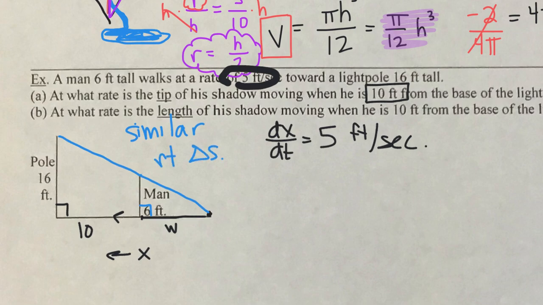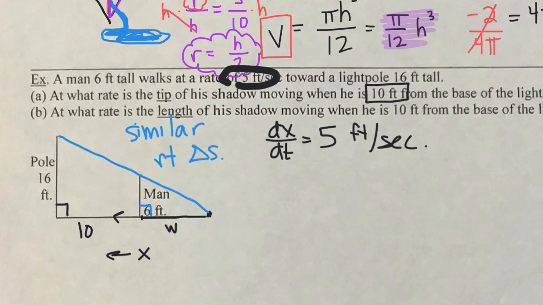Okay, this is a similarity problem, not a Pythagorean theorem problem, right? Because we don't know anything about the length of the light, right? This is the light that's hitting the man's head so that the shadow is falling behind him as he walks towards the light. So this is a similar triangle, aka proportion.